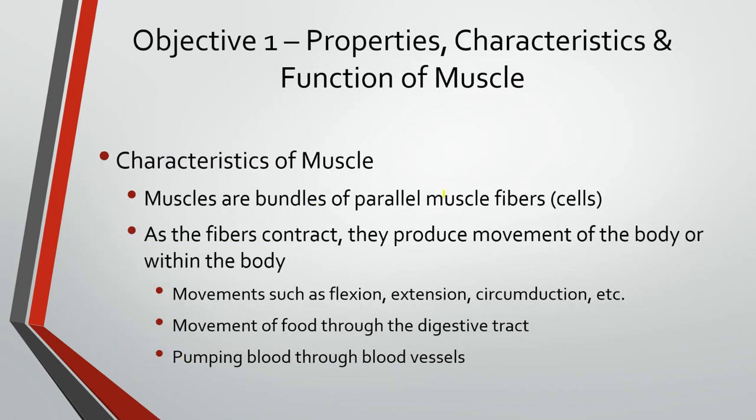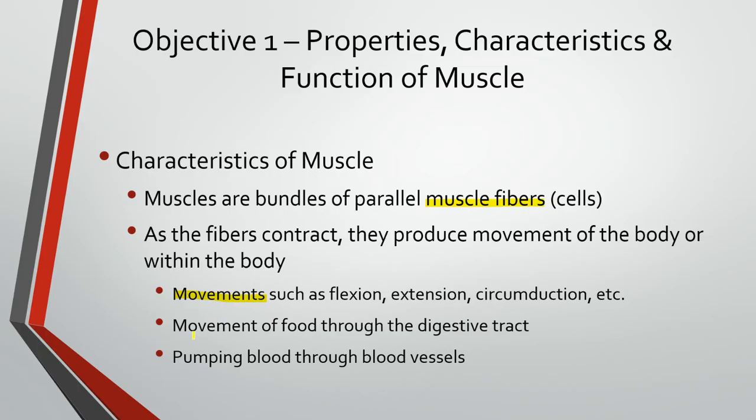And so they are bundles of muscle fibers. Muscle fiber is just another name for a muscle cell. And it's those muscle fibers inside of those cells where we will find the contractions. The contractions can lead to movements. It could be the big movements in our skeletal muscles, like flexing and extending and circumduction, that allow us to do things like walk and even talk and speak.